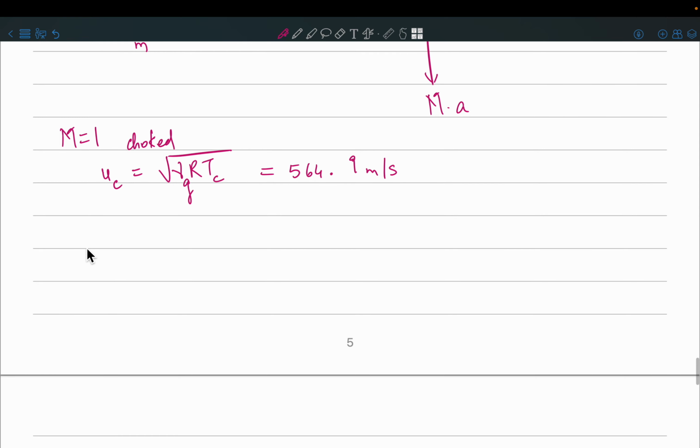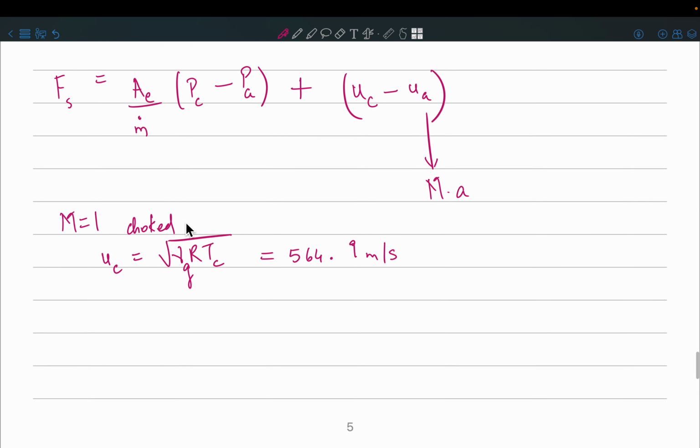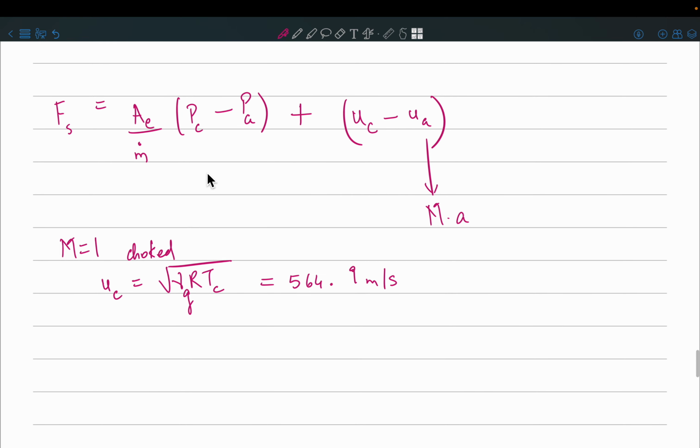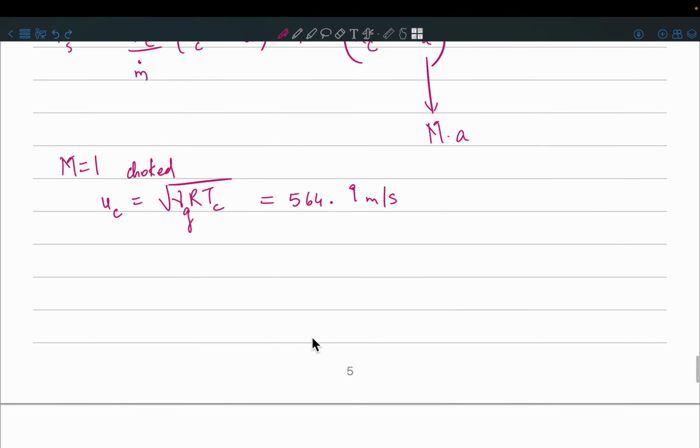Okay. Now the next thing I need to find is, UC is known, PC and PA are known. I need to find this quantity AE by m dot, right? So how do we find that? We know the formula for m dot is nothing but density into area into the speed. This is clear, right? Rho A V is m dot.